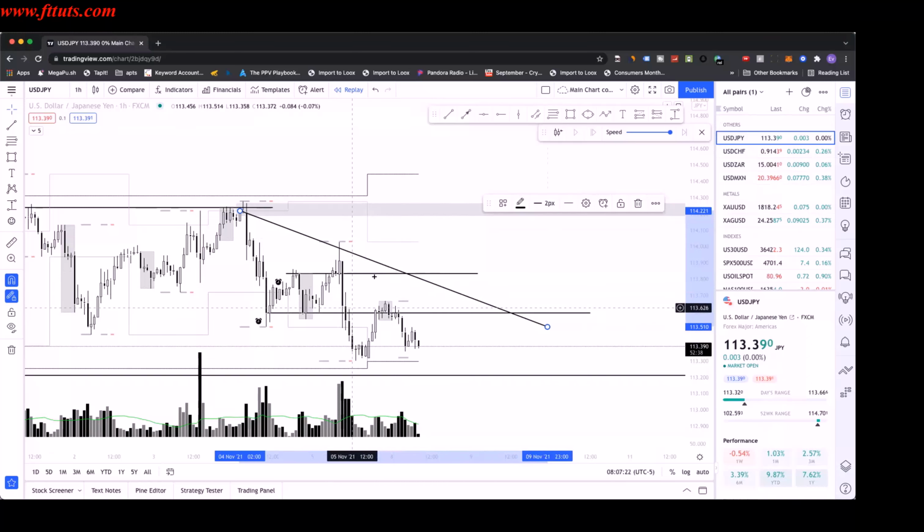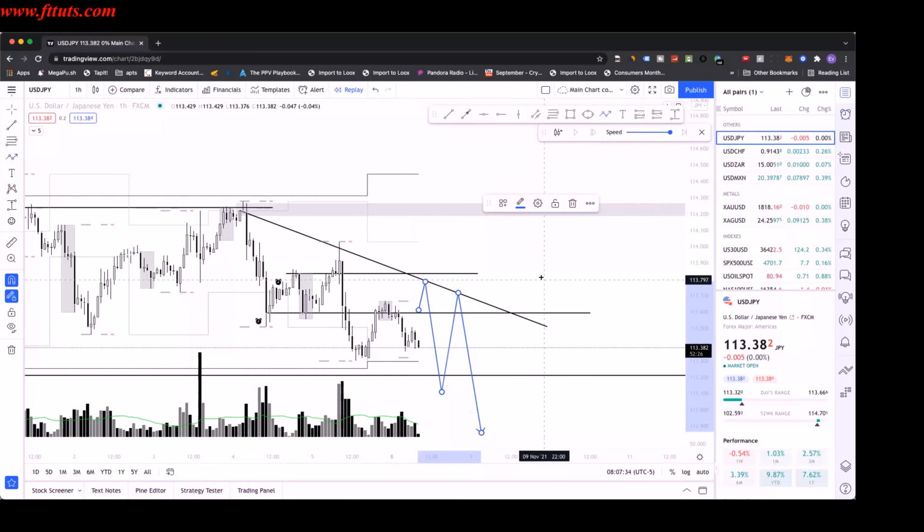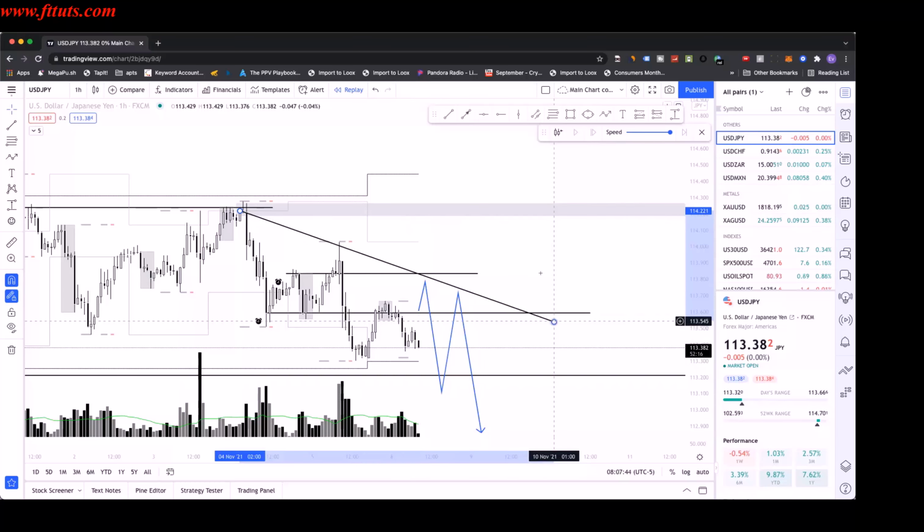This is probably some type of inducement to come up here, make a left shoulder, and then the head, break, and then tap, break. So we can have something like that happen, or we could just take it off the head up here, like that. Sorry, more like this to line up with this area.